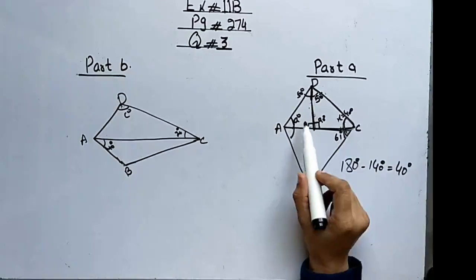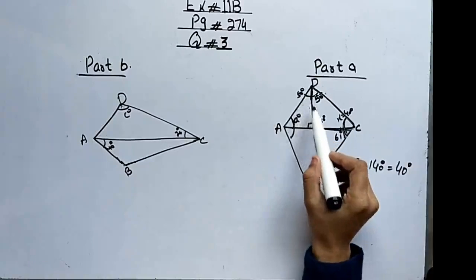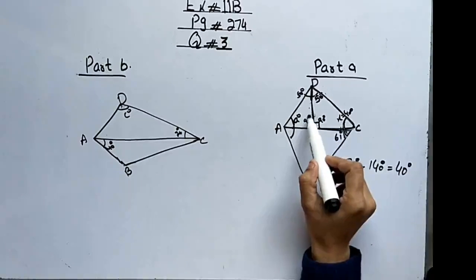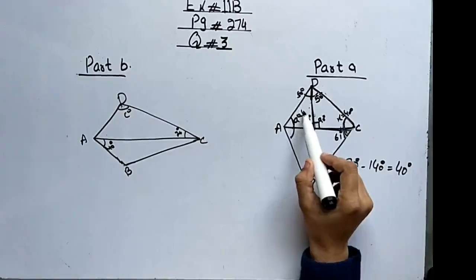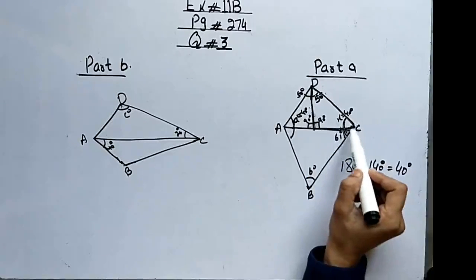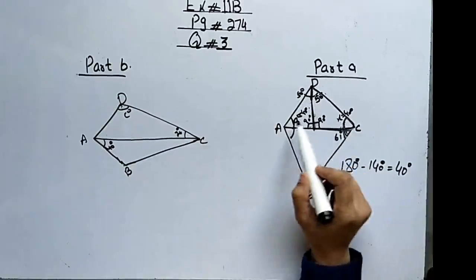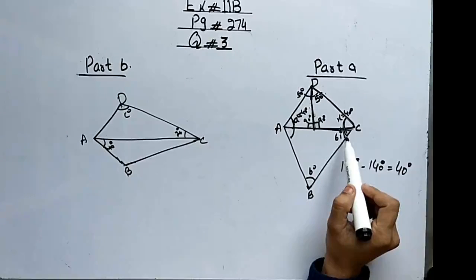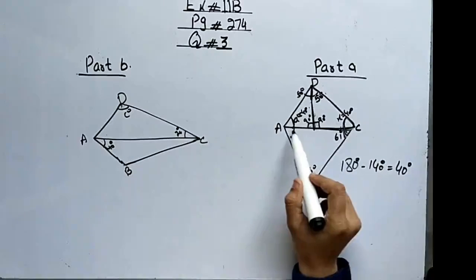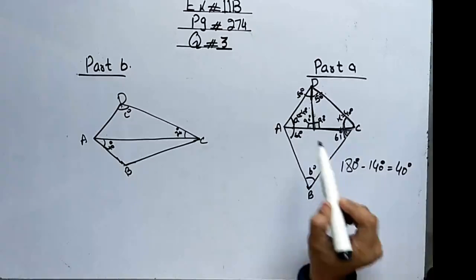But we can check: two angles are given, 90 and 50, making 140, so A will become 40 degrees, as X is equal to 40. So these two angles are the same. Similarly here, if this half part is equal to 61 degrees, then the other must also be 61 degrees.